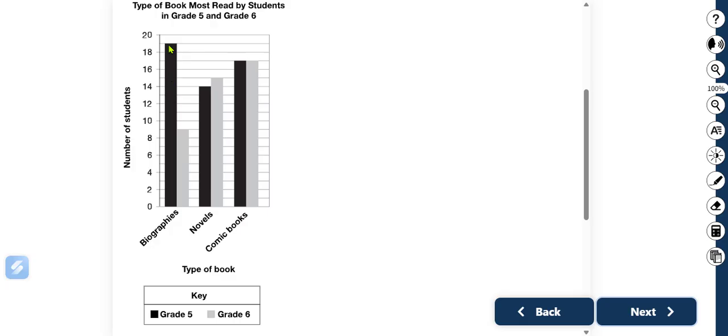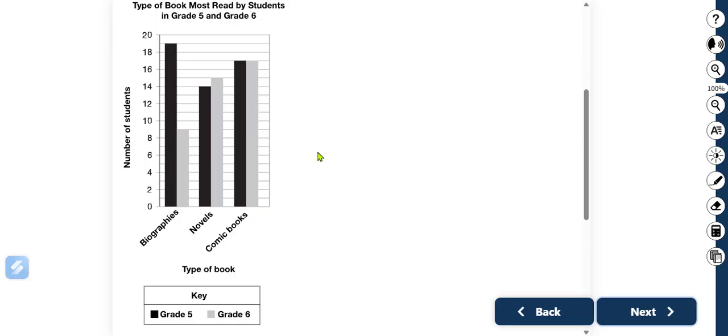So 19 students from grade 5 like biographies, and this is grade 6, which is 9 students who love biographies. Same for novels, here 14 from grade 5, 15 from grade 6, and comics grade 5 and grade 6 both, it's 17.